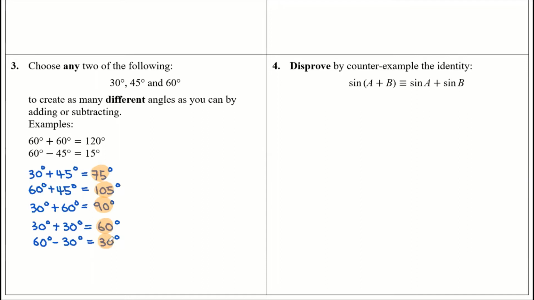I'm not sure how useful they will be, but I do want you to be cognizant of these angles in particular. So 120, 15, 75, and 105, as linear combinations of the ones that are suggested, the 30, the 45, and the 60.